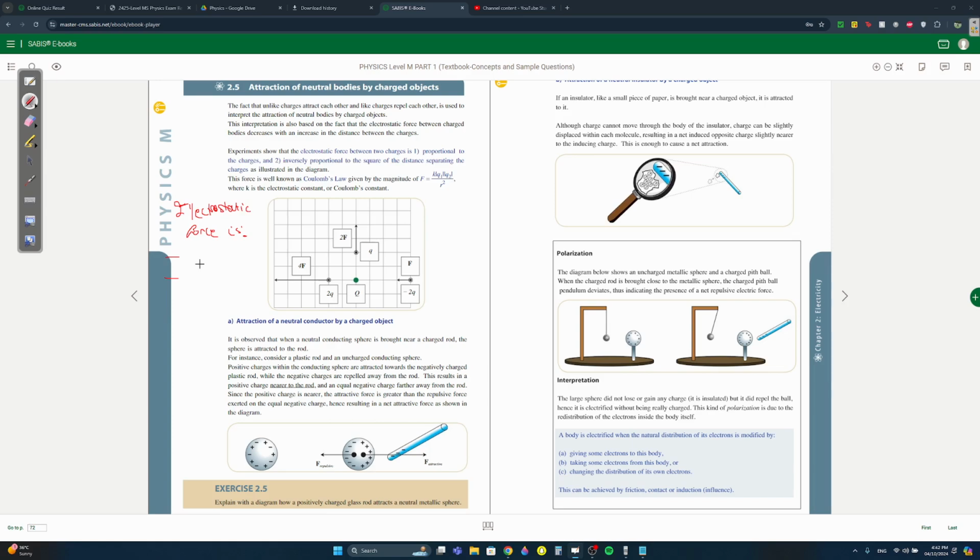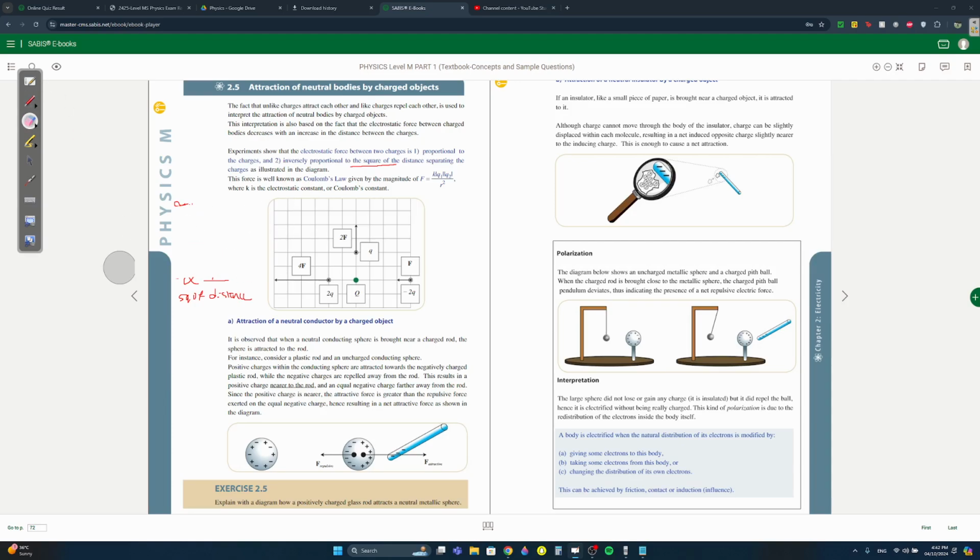You're going to put directly proportional to the charges, or inversely proportional to 1 over the distance squared. You have to say the square of the distance. Okay, this is how you write it.